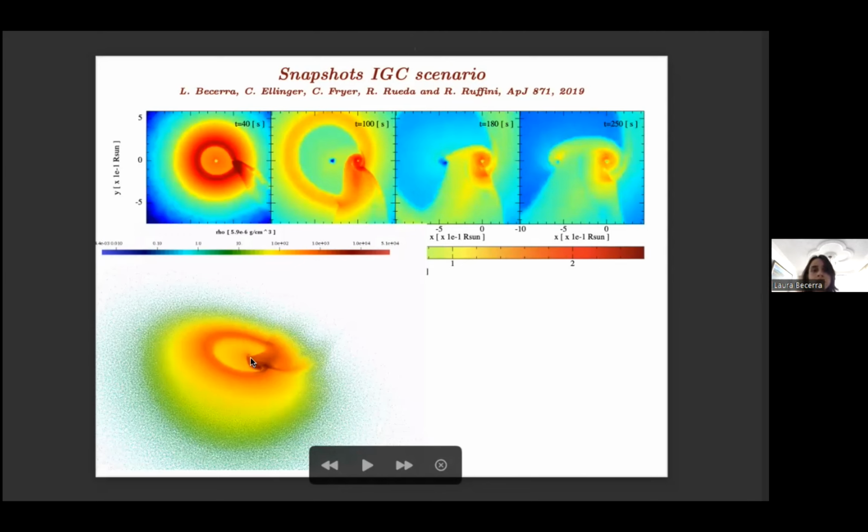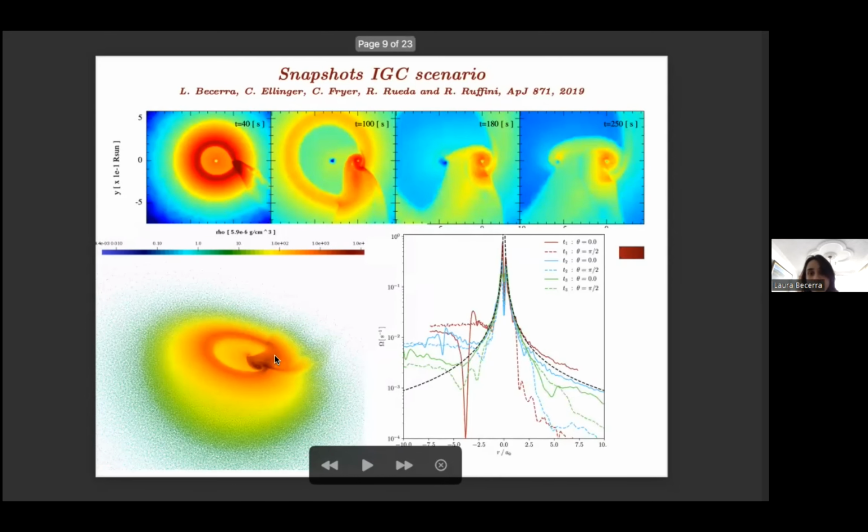It's not the initial spherical expansion that we have. The presence of the neutron star induces some asymmetries in the expansion of the supernova material. And also we can confirm here that the material around the stars follows a Keplerian profile close to the new neutron star and the neutron star companion.